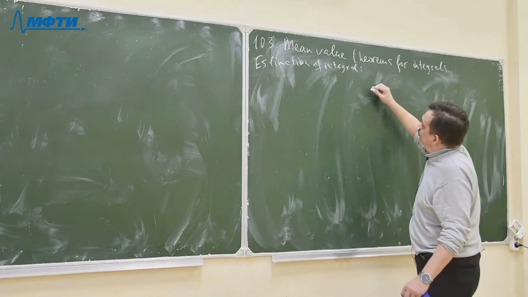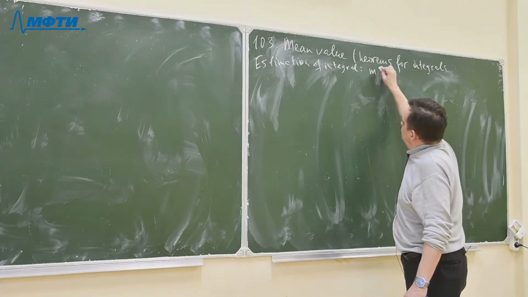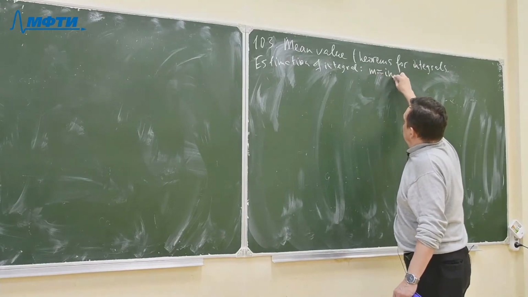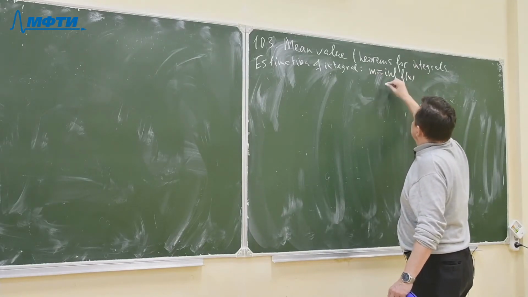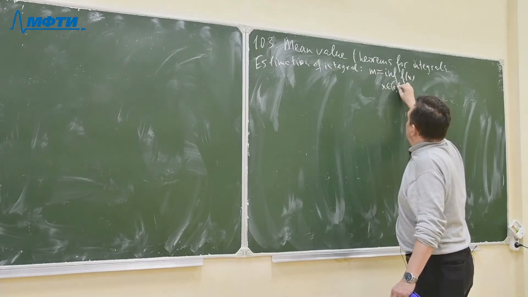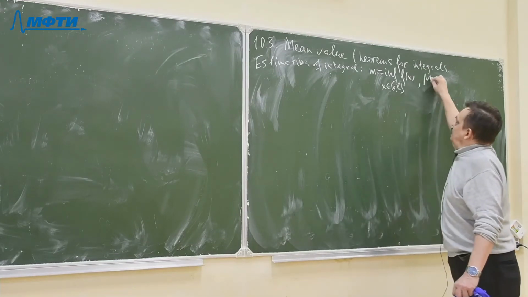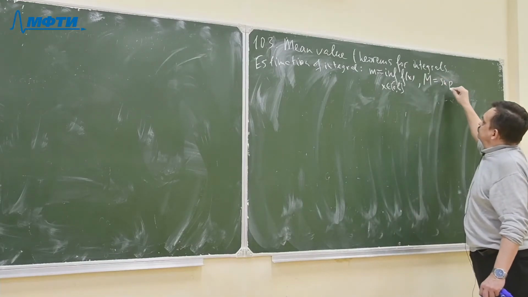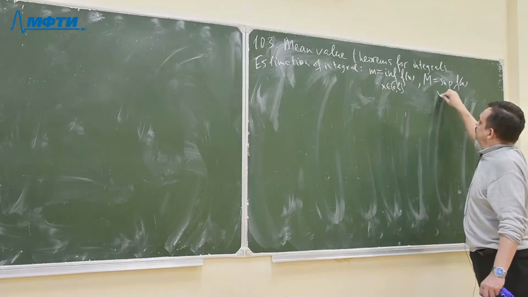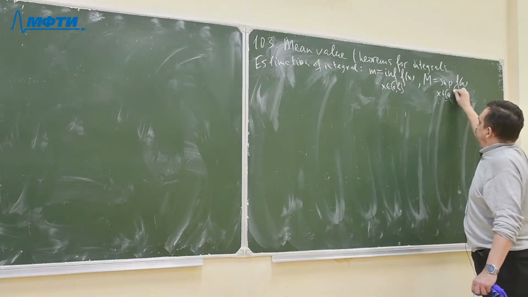So denote m is the infimum of f of x on AB, and capital M is the supremum of f of x on AB.